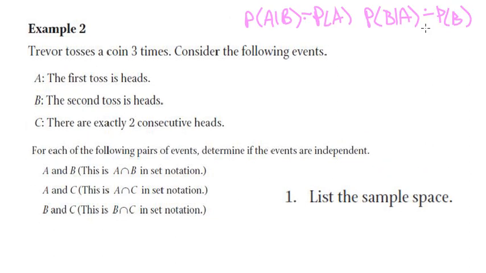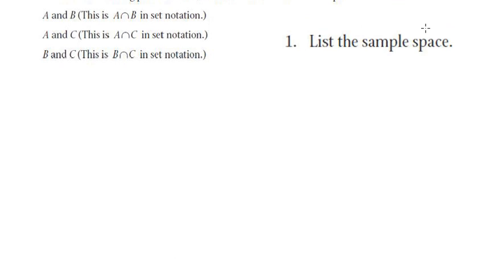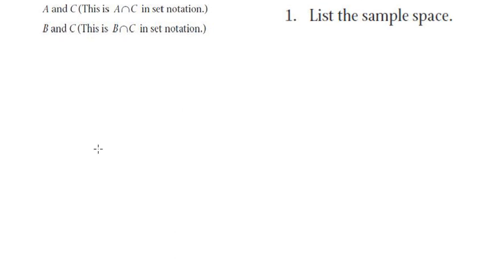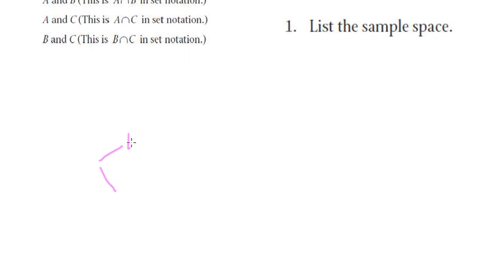So when we are looking here, we're talking about a coin toss 3 times. So we know that when we have a coin toss 3 times, we have even odd. No, we don't. That would be called dice. Because coins don't have even and odds. They have heads and tails.